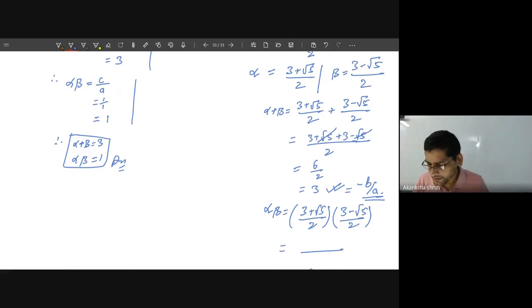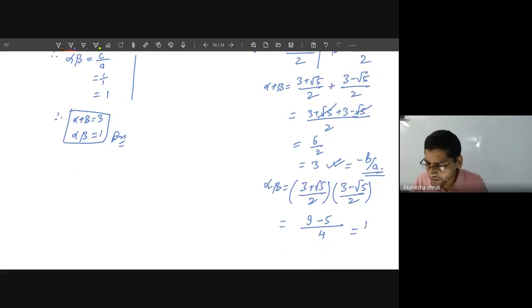Here the denominator becomes 4. Numerator is 3 threes are 9 minus 5. So it is 4 by 4. So this is 1. This is the same as C by A. Thus verified.